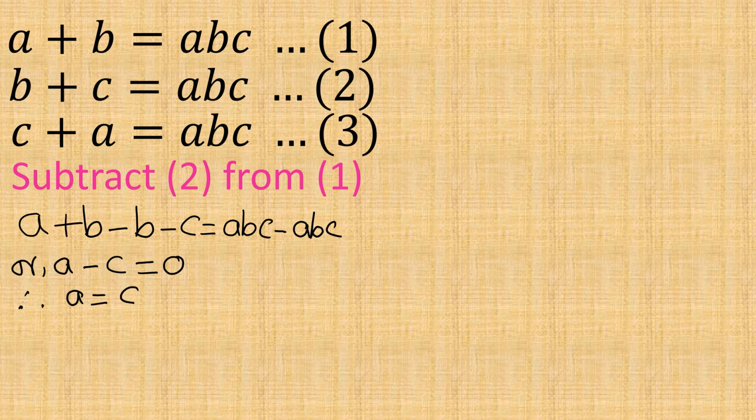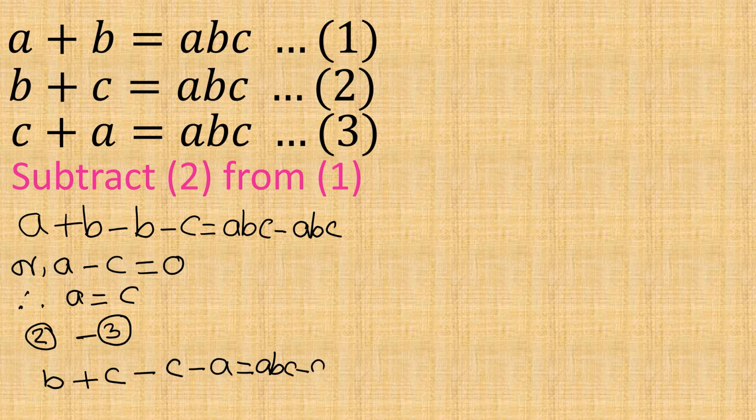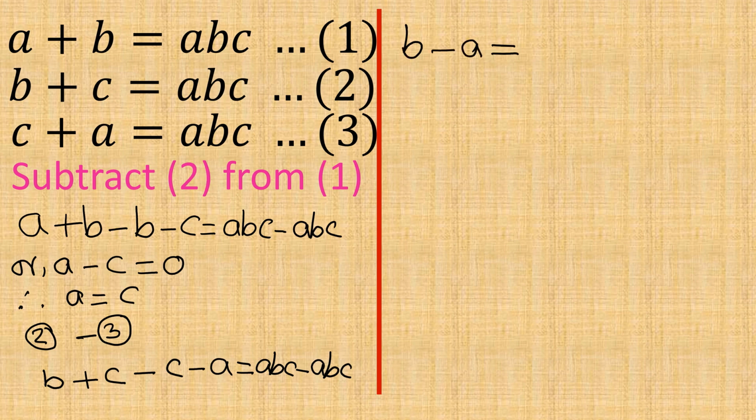Again, subtract 3 from 2. Here 3 from 2, we get B plus C minus C minus A is equal to ABC minus ABC, or here you can write C and C cancel, then B minus A is equal to 0.